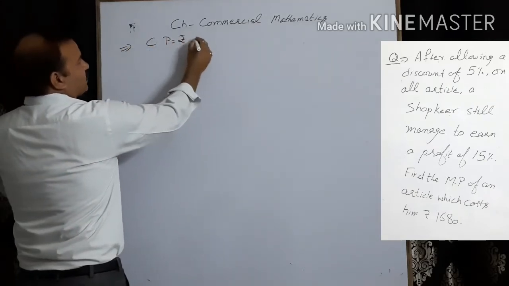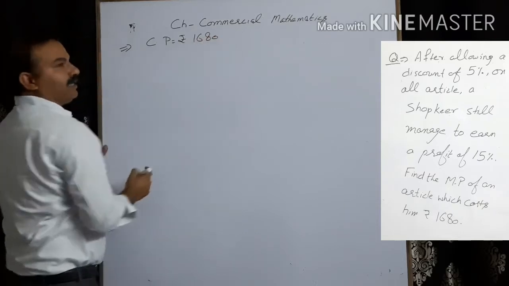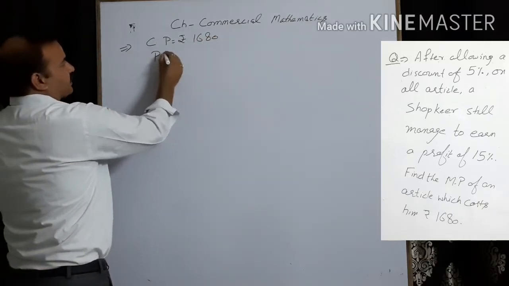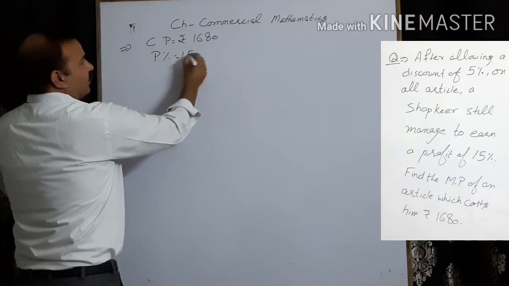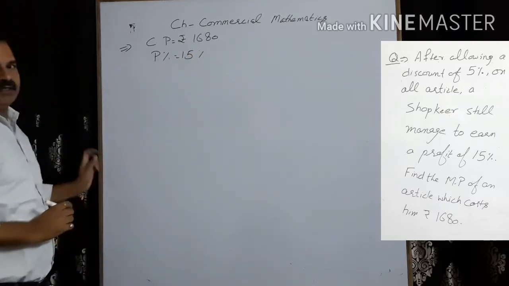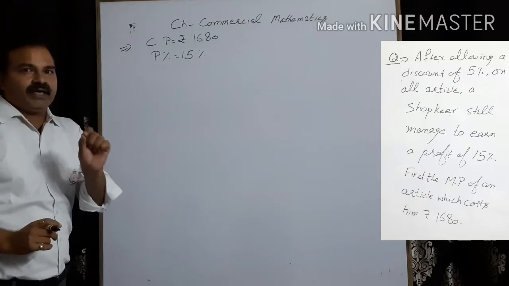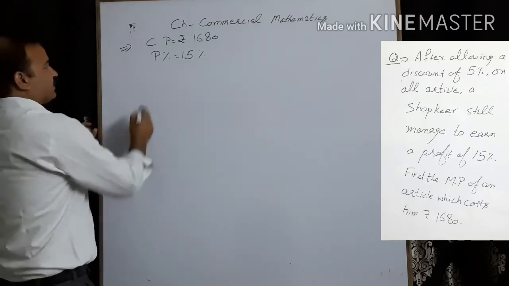Cost price, that is rupees 1,680, and it's given that the profit percent is 15%. Now with the help of cost price and the profit percent, we are able to find the selling price.